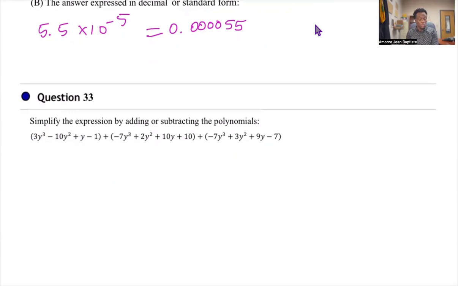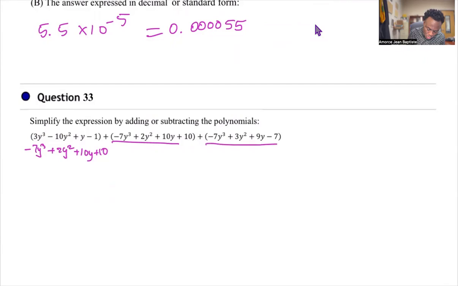So basically what we do is that I'm going to bring those ones in the same order underneath of the like terms so we can calculate this. So for this one, I'm going to bring this one down here. So -7y cubed plus 2y squared plus 10y plus 10.